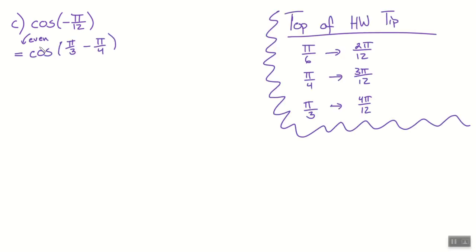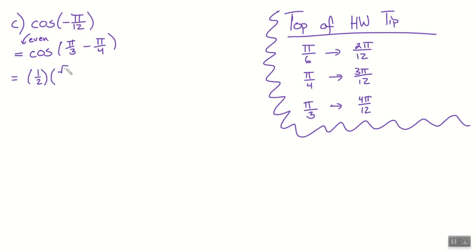So I've elected to use the fact that cosine is even to get rid of the negative so I can just work with everything positive. And then, like I said, when I'm normally doing these, I won't show that middle step where I'm plugging everything in. I know it's cos pi thirds, cos pi fourths, plus we change signs, sine pi thirds, sine pi fourths. So typically as I'm doing this, I'm just going to jump right in. Cosine of pi thirds is 1/2.